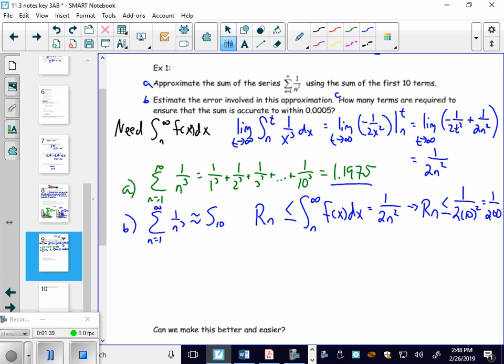So our remainder is less than or equal to 1 over 200, and as a decimal, 1 over 200 is 0.005. So our value, 1.1975, is accurate to within 0.005.